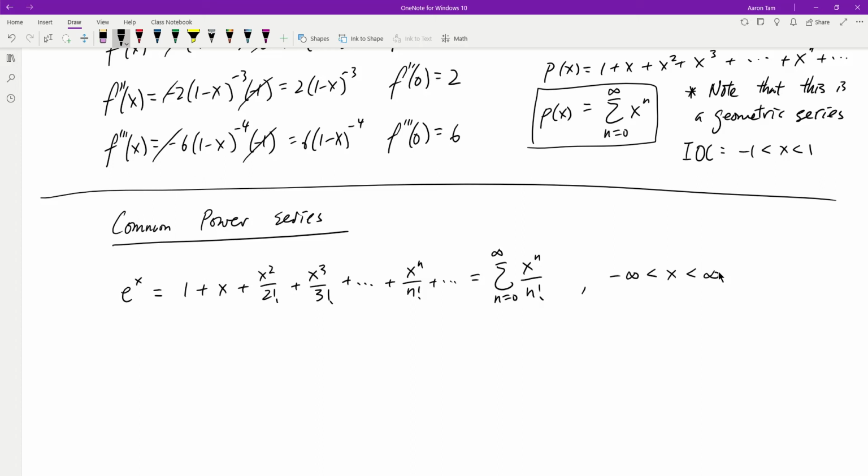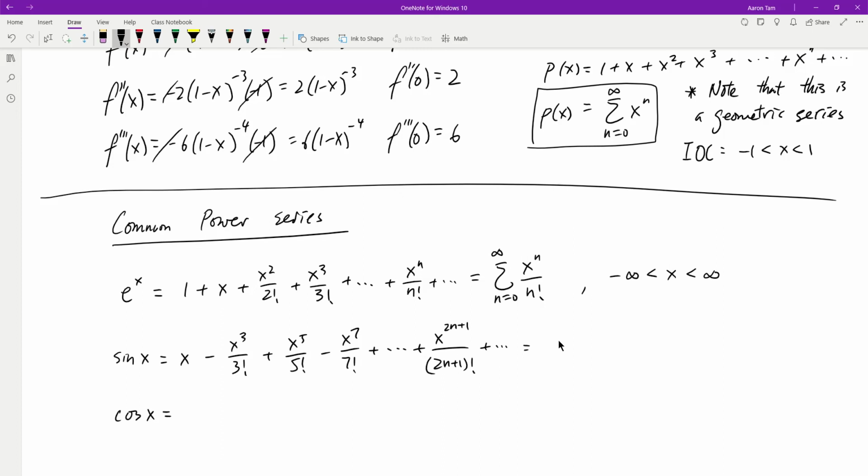All right. So what are some other common power series that you should know? You should know the next two also. That's the sine and the cosine power series. Sine is x minus x to the third over 3 factorial plus x to the fifth over 5 factorial minus x to the 7 over 7 factorial plus dot dot dot. The general term is x to the 2n plus 1 over 2n plus 1 factorial, and the summation will be n from 0 to infinity.